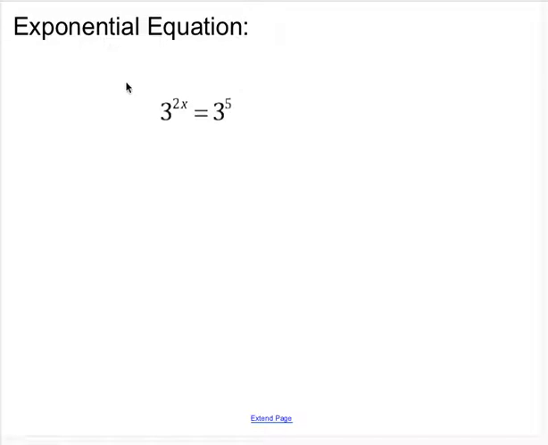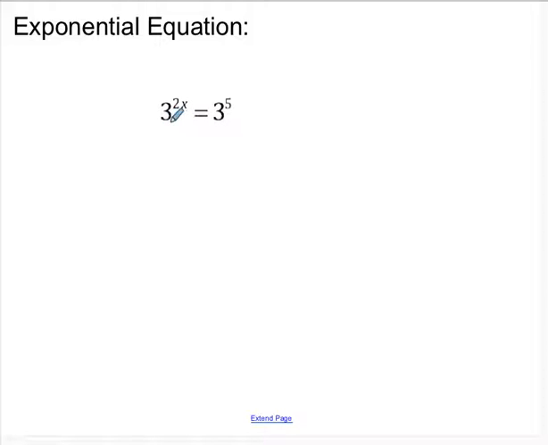So if I take a look at an exponential equation here, where I have the base of 3, I know that 3 to the 2x power, right? If this value is the same as 3 to the 5th power, then this side of the equation must also have the same value as 3 to the 5th power.